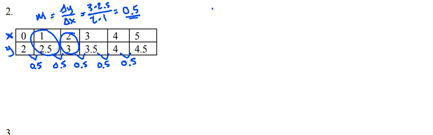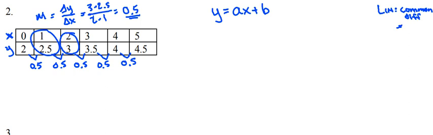And so this is a linear polynomial because it has a common first difference, which is written in the form ax plus b. So if it is a linear function, then the common difference is equal to the value of a, this number right here. So for this one, y equals 0.5x, and then we still need to know what b is.